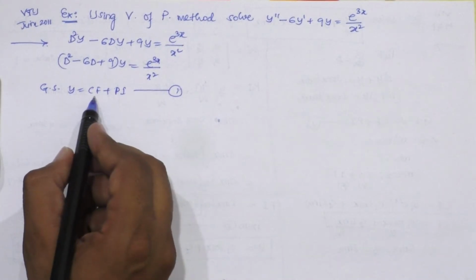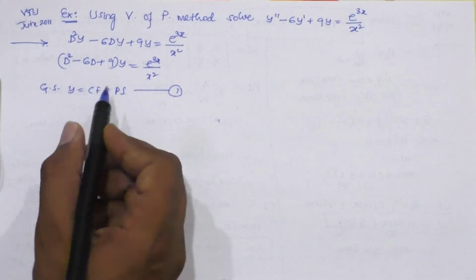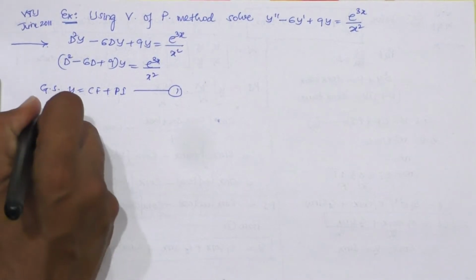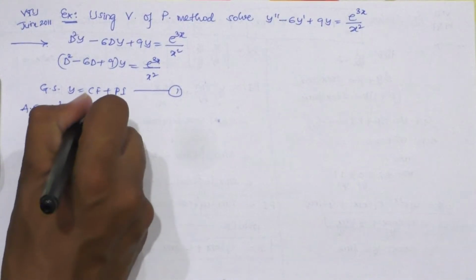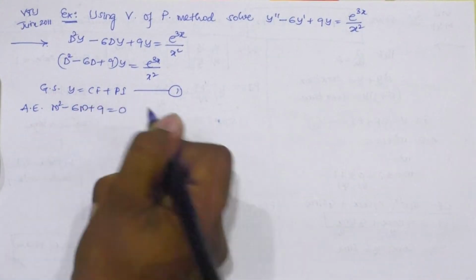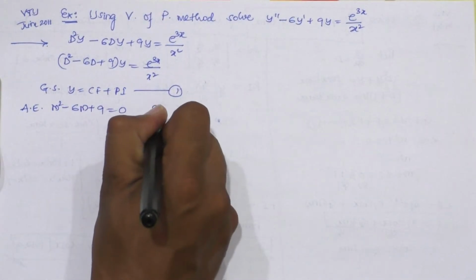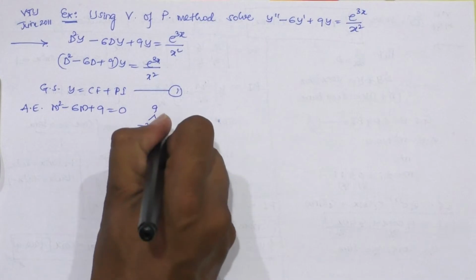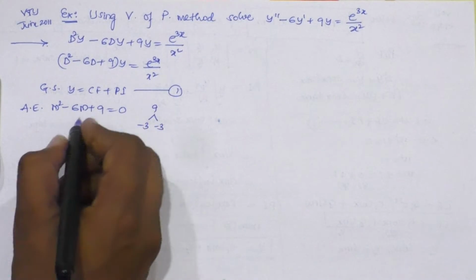So let us start with CF. To find CF, refer to the LHS, D square minus 6D plus 9, and write the auxiliary equation. The auxiliary equation is m square minus 6m plus 9 equal to 0. Here 9 can be factorized as minus 3 into minus 3, since minus 3 into minus 3 is 9 and minus 3 plus minus 3 is minus 6.